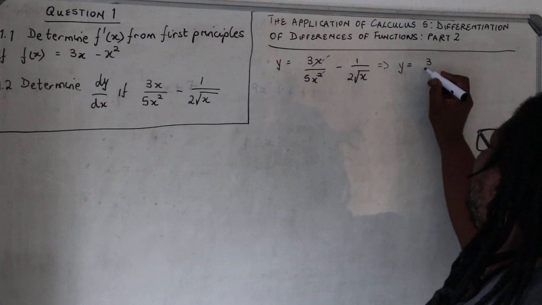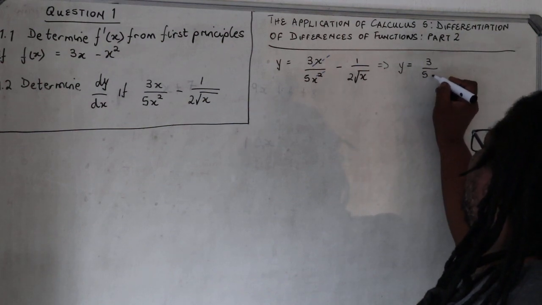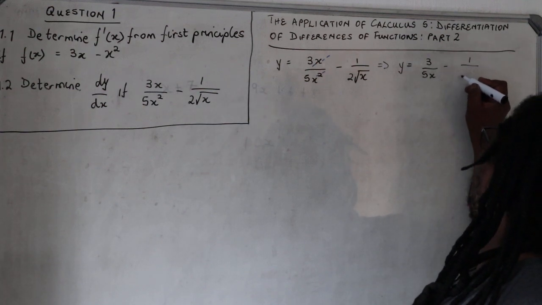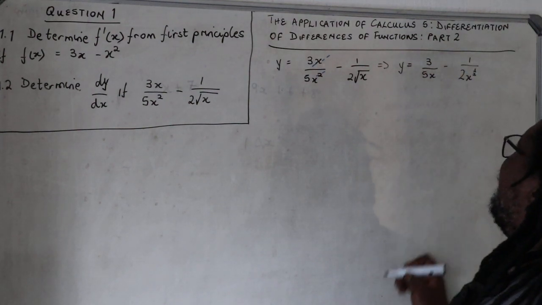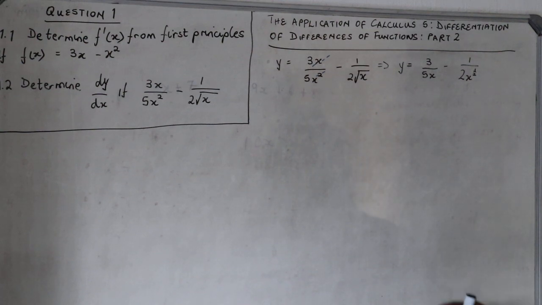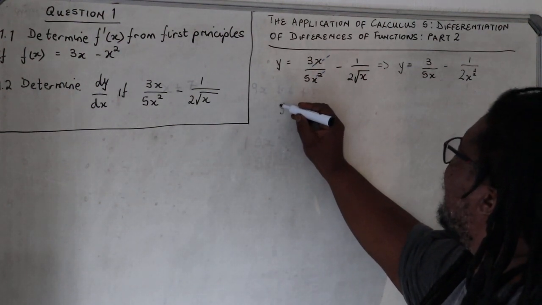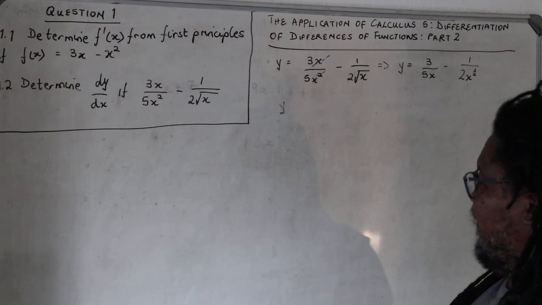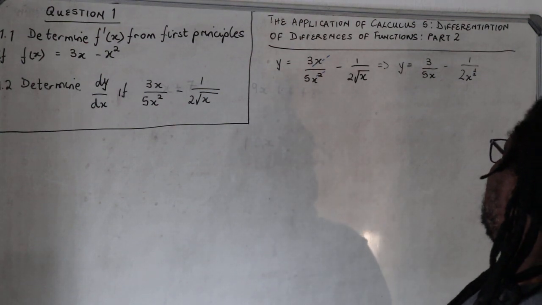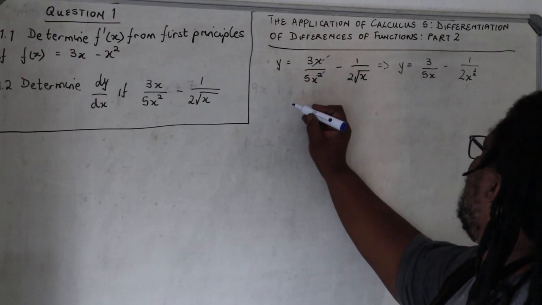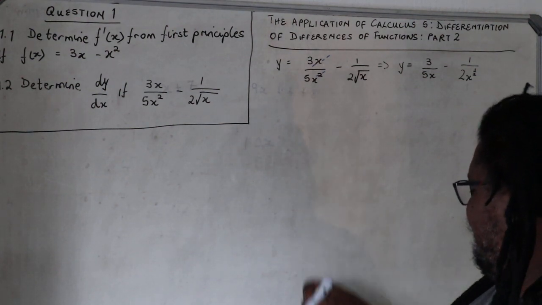And so we have 3 over 5x minus 1 over 2x to the power half, which is the same as the square root of x. And you can still write this properly, in a manner that is amenable to differentiation.